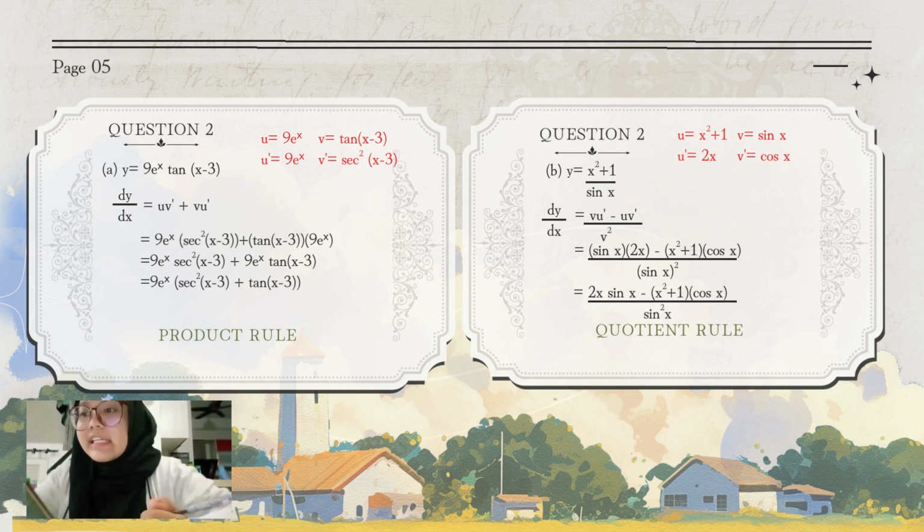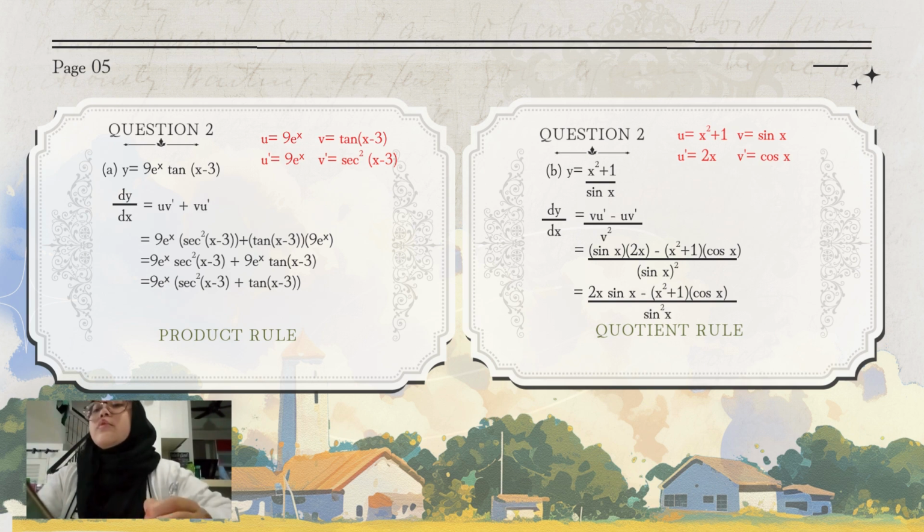Okay, for the next question, question number 2. Find dy over dx for the following function. A, y equals 9e power of x times tan x minus 3. So from the question given, we can see that 9e power of x is multiplied by tan x minus 3.